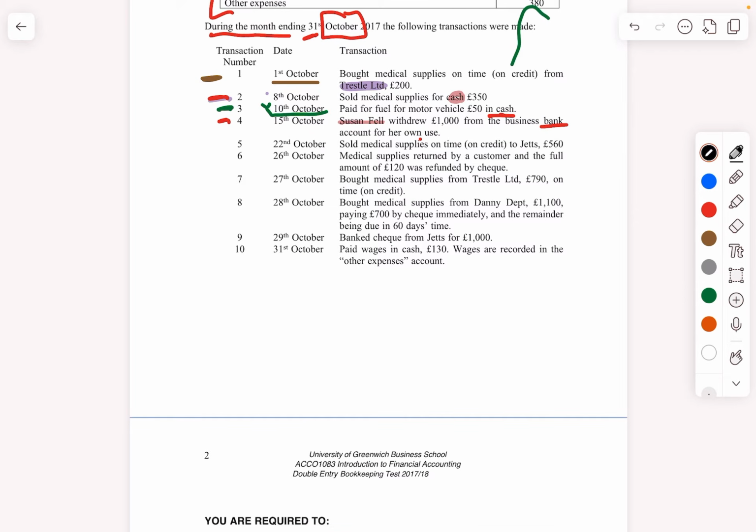Now the rest is the same, different. I'm not going to do it in detail, so I'm going to go through it quickly. Number 5 says sold medical supplies on time to Jet. Sold means sales, to Jet, that's the Jet account. So we have sales 560 and we have Jet 560.